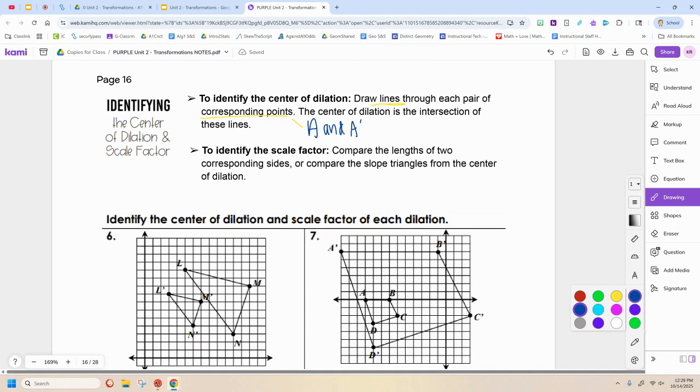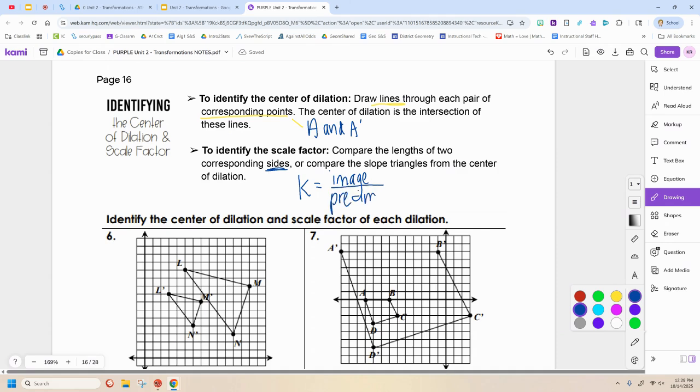Hopefully you can kind of tell if the shape is getting bigger or smaller based on looking at what's on the grid. If we want to find a scale factor, typically it's easiest to compare the lengths of two corresponding sides. So we're going to go ahead and think about the scale factor being the image over the pre-image.